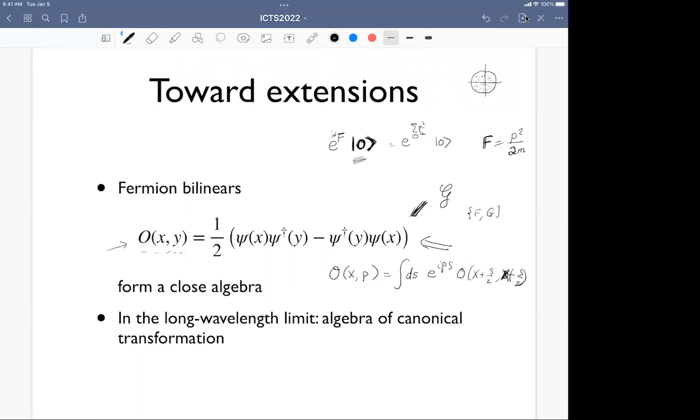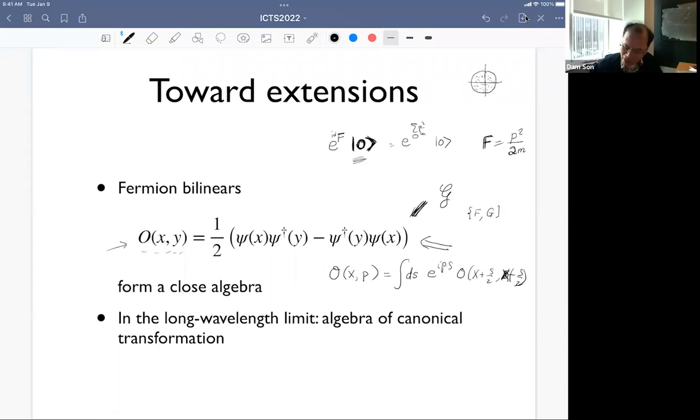I have a question. Can I ask a quick question? This algebra of canonical transformations, how do the coadjoint orbits look geometrically? Geometrically, if the reference state is a state with a sharp Fermi surface, the coadjoint orbit is the space of all possible shapes.